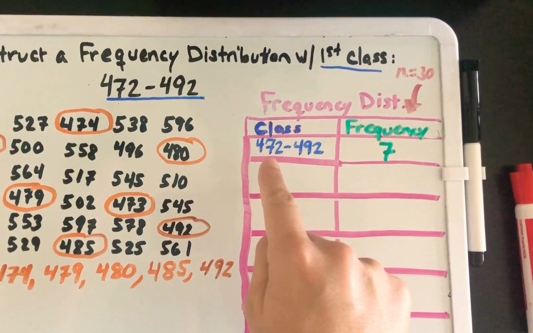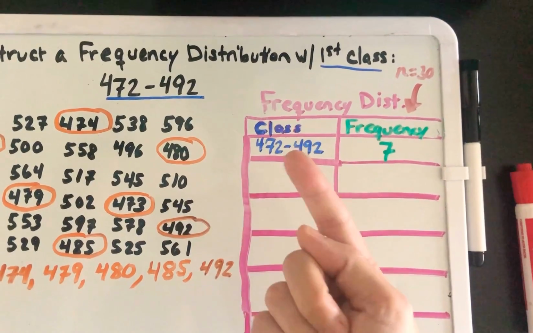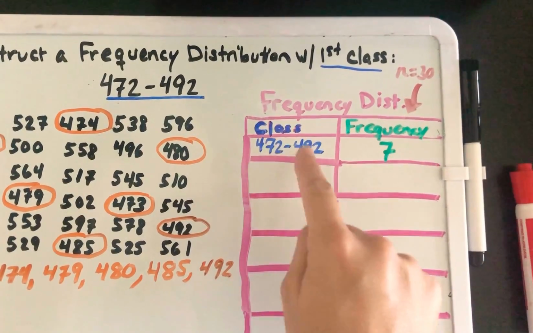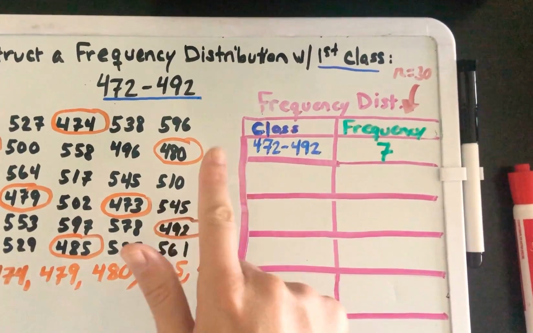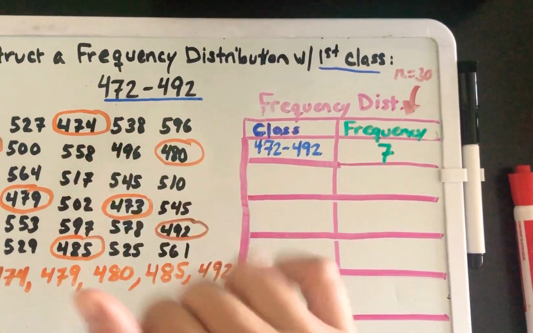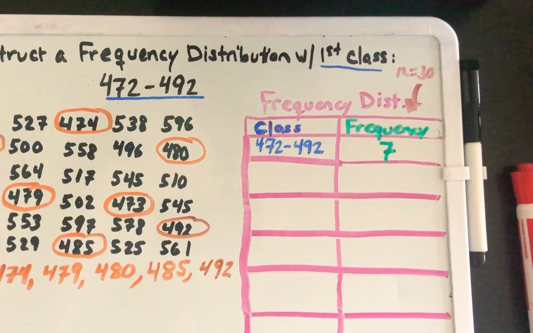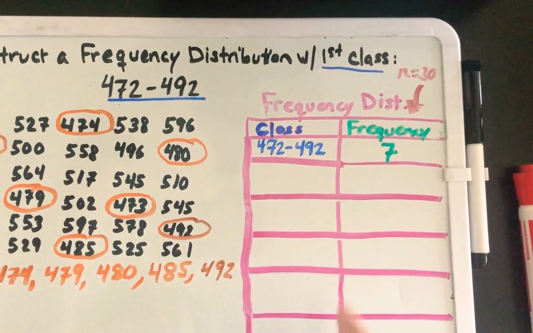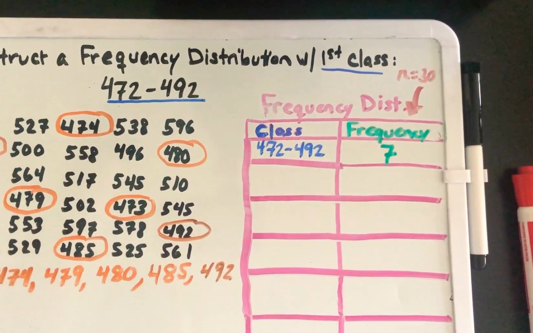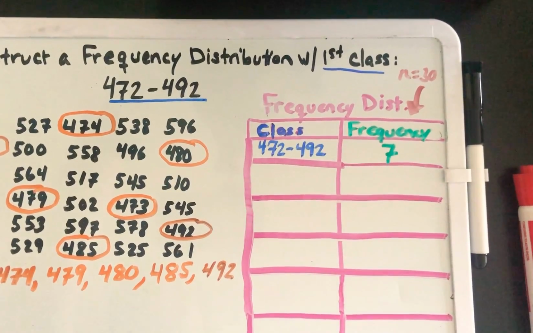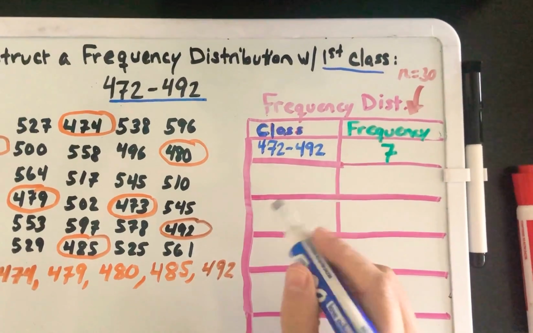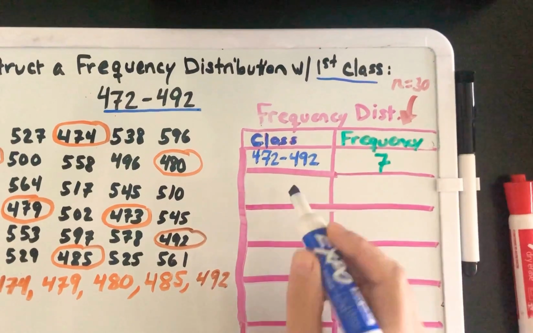So 492 minus 472 is 20. Add 1 to it. There's actually 21 numbers represented here. 472, 473, 474. You can count all the way up to 492 and you get 21 numbers there. So if you know that the class width is 21, by subtracting the boundaries and adding 1, then my next class would start at the next number, 493.